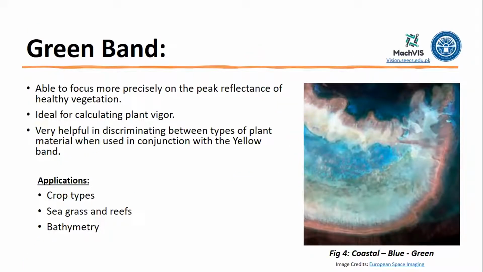So let's talk about the green band. This particular band is very important and often used when you have to perform analysis of some green region, I would say regions where water exists.